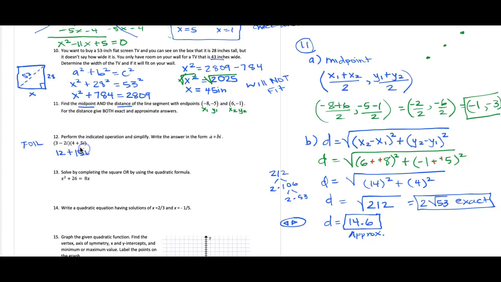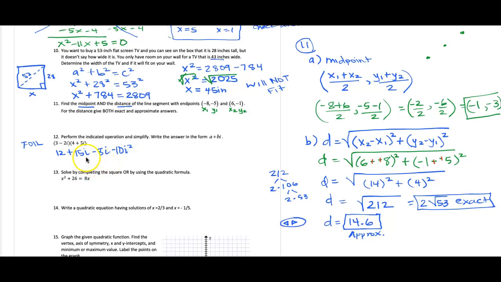We're just treating i like it's any other variable at first, so don't let these i's throw you off. Then in the middle there, negative 8i, and then the last ones multiplied together give me negative 10i squared.